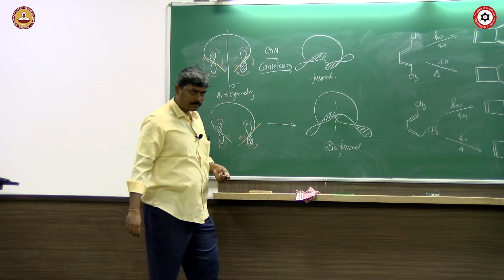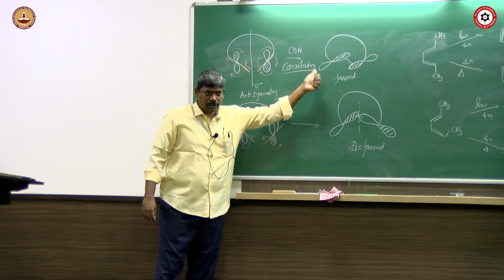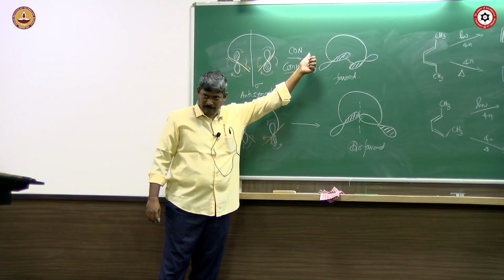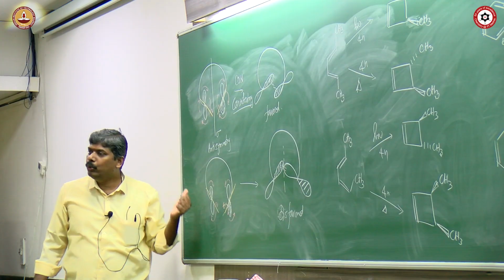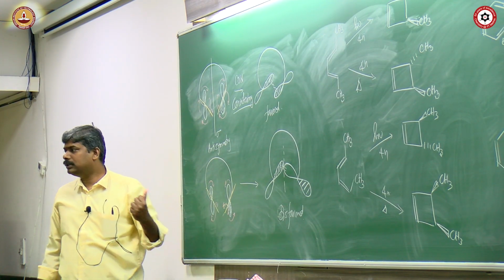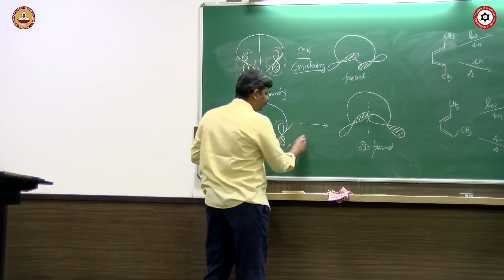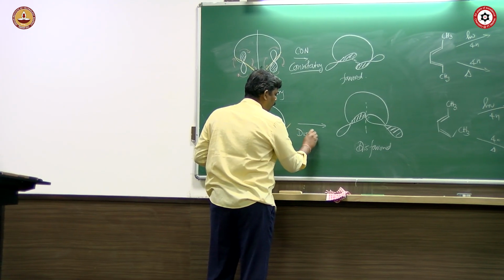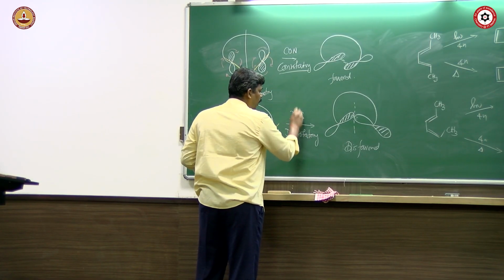Do you agree? So this we described as a conrotatory, a con in a simpler form. This kind of way where at one end you do a clockwise and the other end you do an anti-clockwise, you classify them as disrotatory. In simpler form, we call them dis.